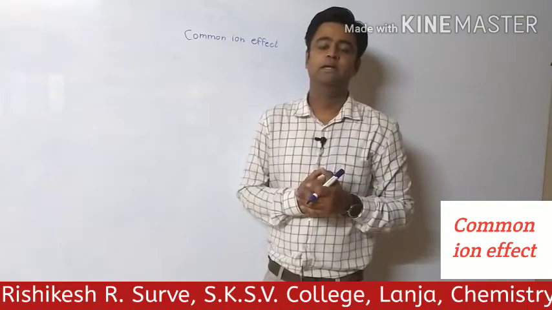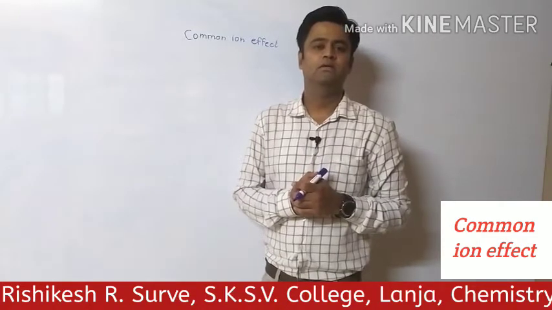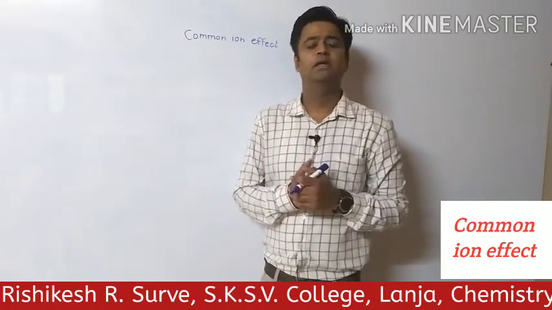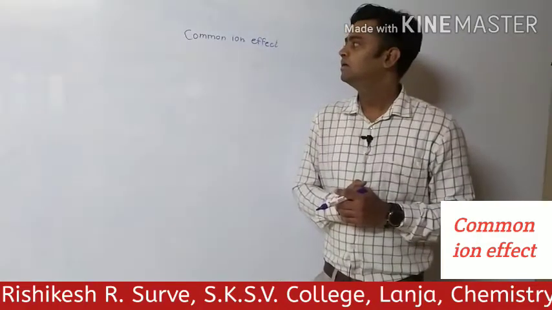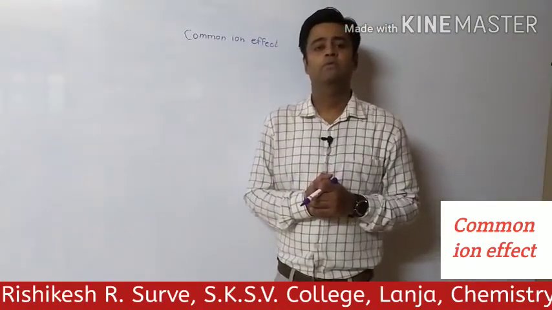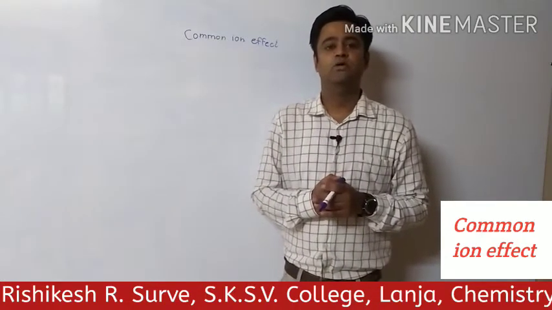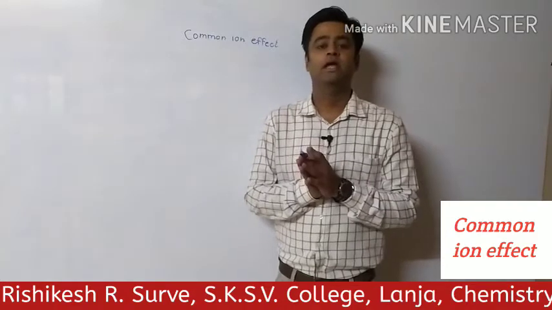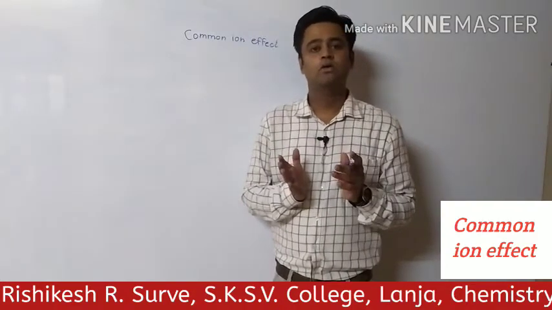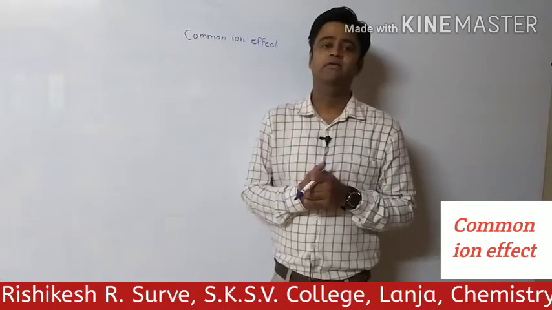For example, AgCl dissolves very slightly, that is, up to a negligible amount in water. The degree of dissociation of a weak electrolyte gets decreased in the presence of a strong electrolyte having an ion common with it. This is the definition of the common ion effect.